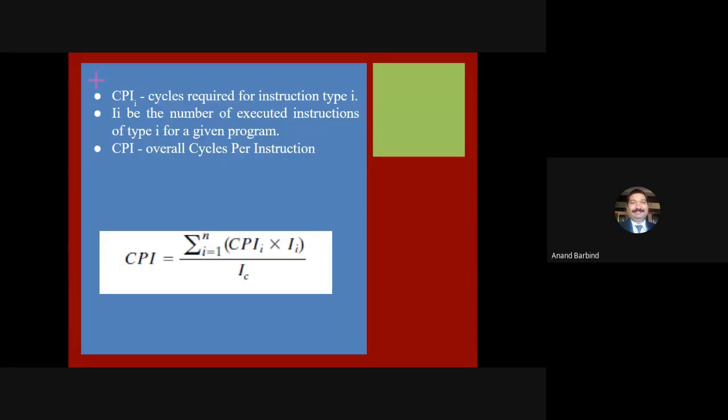Then we discussed that CPI is one of the parameters that can be used to measure the performance, but CPI for all the instructions is not the same. So we calculate average CPI using this particular formula. CPI stands for cycles per instruction. It is desired that CPI for a particular computer should be less so that the performance of that computer is better than the other computers.